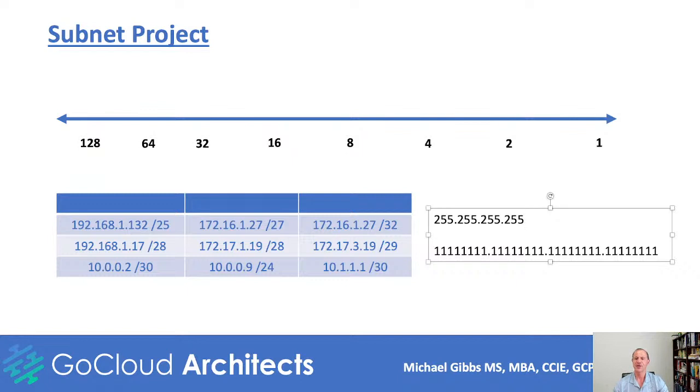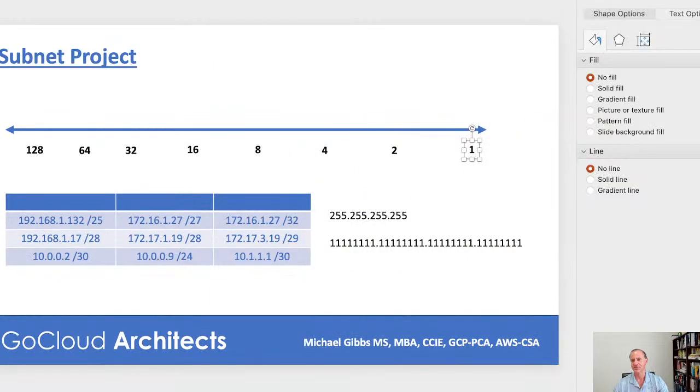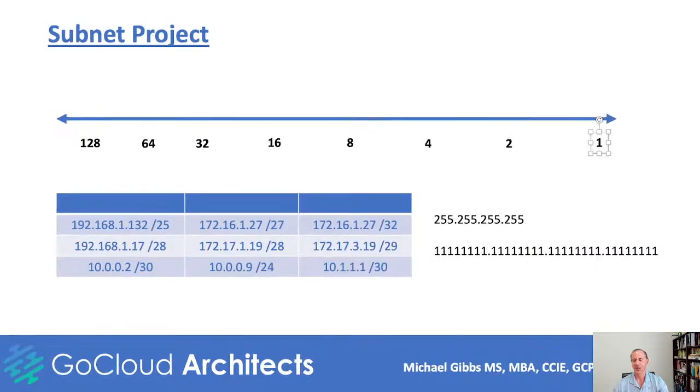Where does this subnet begin and end? It's going to begin and end on a single address. Why? This is a /32. How many addresses are available on this subnet? We don't have 128, we don't have 64, we don't have 32, we don't have 16. We have 1.